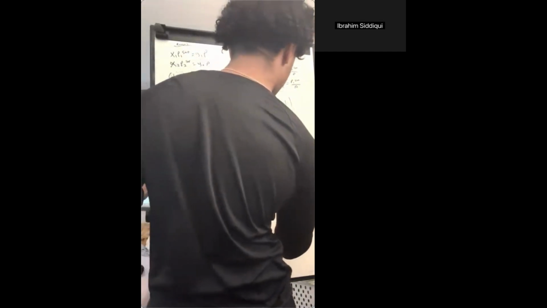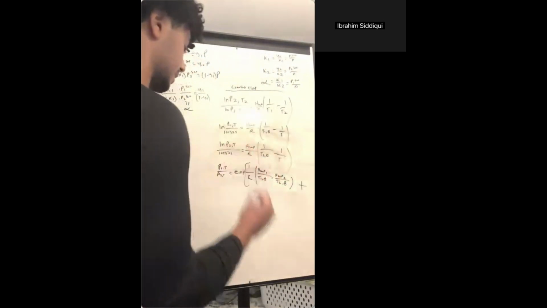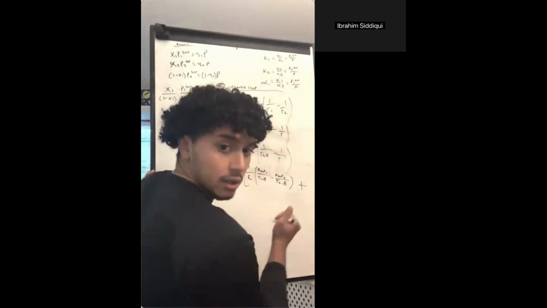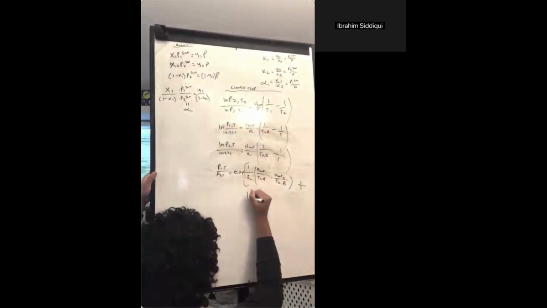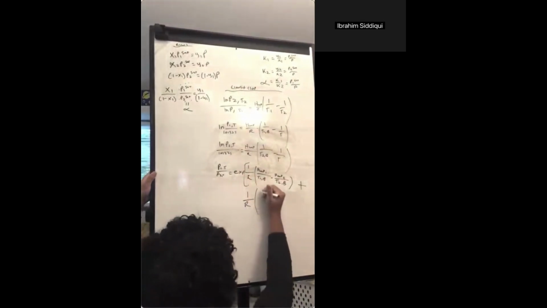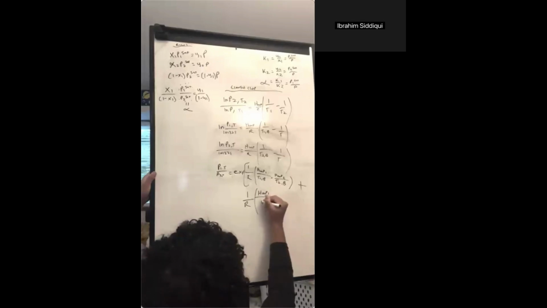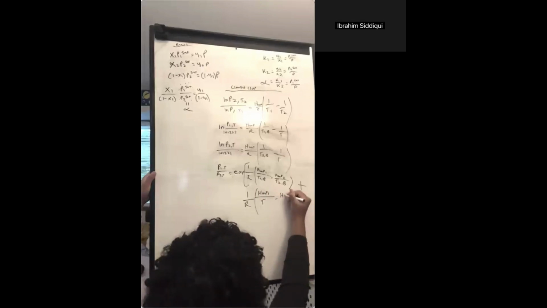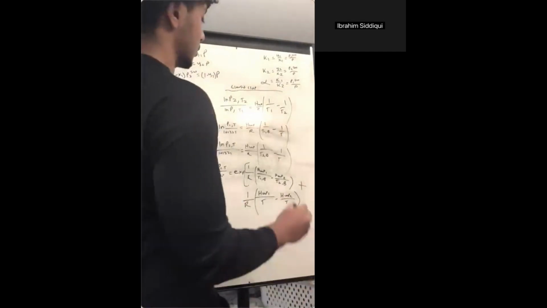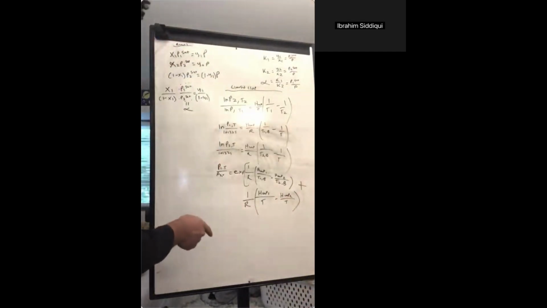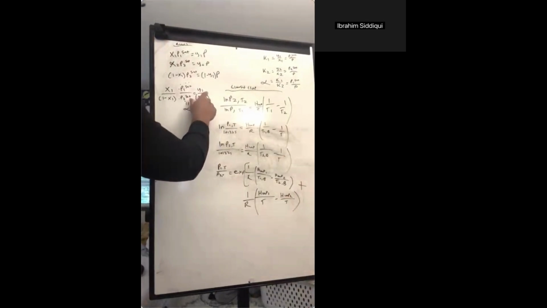We're then going to want to add the second half side of this. So it's going to be adding 1 over R multiplied by our heat of vaporization 1 over T minus our heat of vaporization 2 over T. Cool. So that concludes that part, and then we're going to want to go ahead and derive this y1.